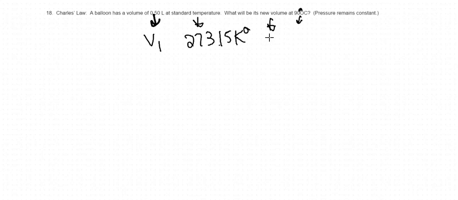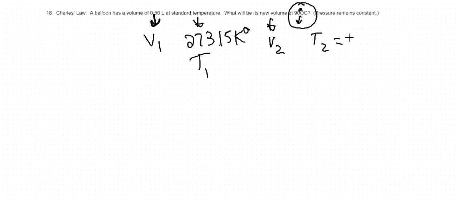They want us to find our new volume. And then we've got to change this to what? Kelvin. This is T1. So now I need to set T2. So tell me what T2 is going to be equal to. It's Celsius, so you have to add 273.